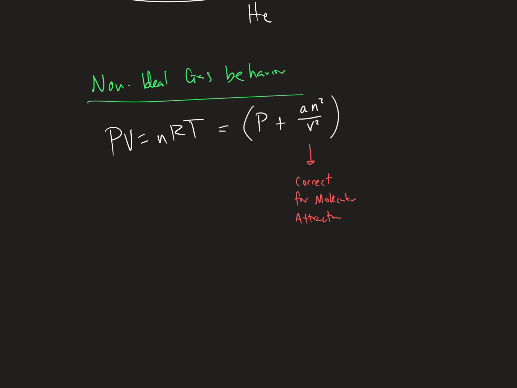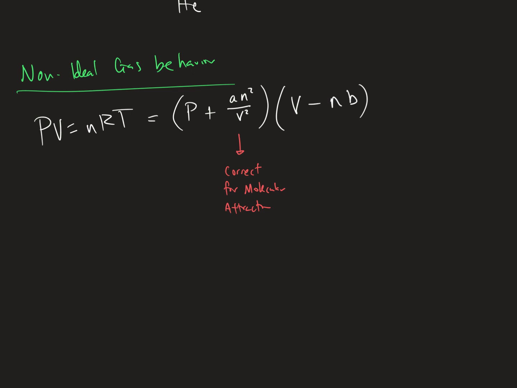So that's the P. And then our V, a little bit nicer, is volume minus nB. And I'll give you this A value and this B value. And what is this correcting for? We said the volume of a gas particle is negligible, right?